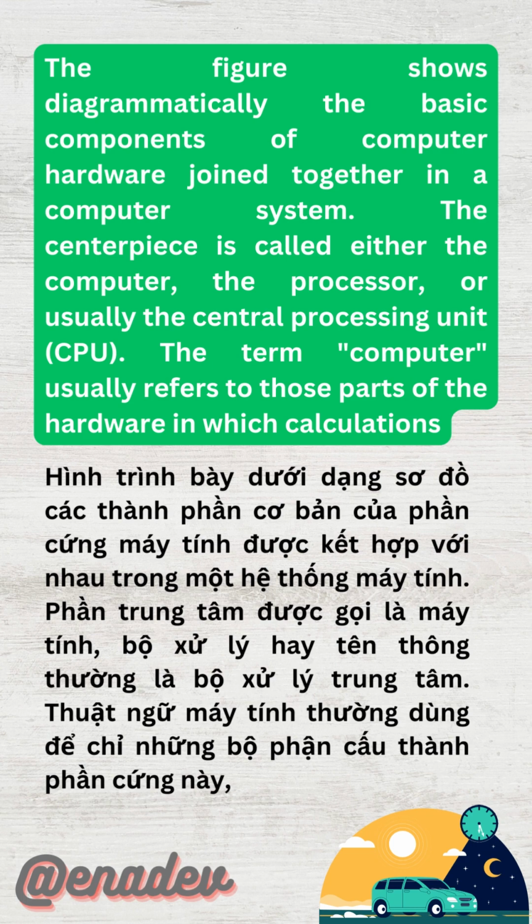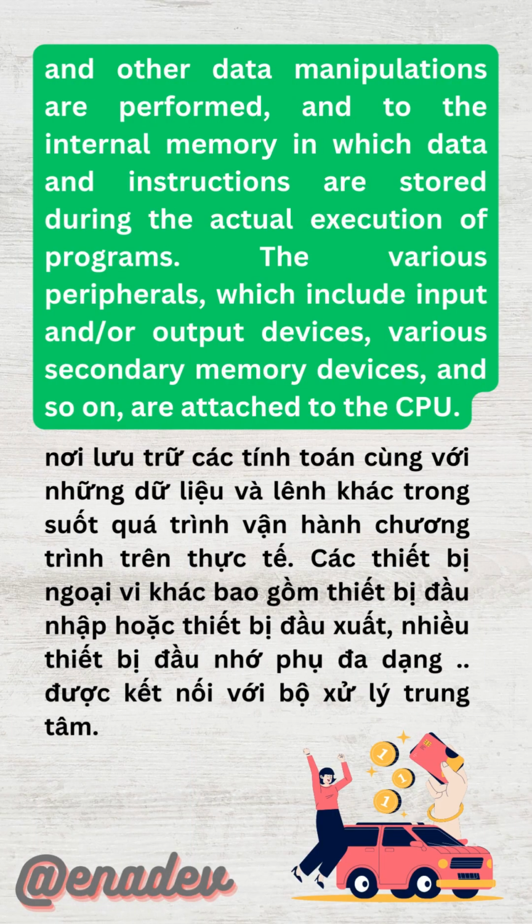The centerpiece is called either the computer, the processor, or usually the central processing unit. The term computer usually refers to those parts of the hardware in which calculations and other data manipulations are performed, and to the internal memory in which data and instructions are stored during the actual execution of programs.